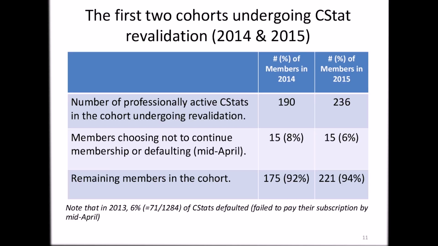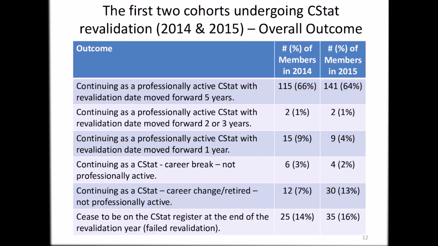Okay, so moving on to slide 12, this slide shows the outcome of the revalidation processes in 2014 and 2015. There's quite a lot of information on this slide, so let me take it row by row. The first row shows that in each year, about 65% fully satisfy the revalidation requirements.